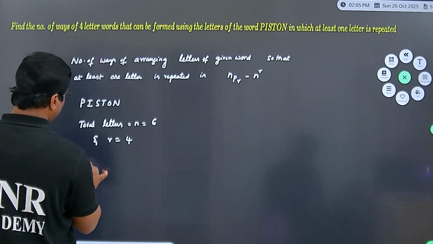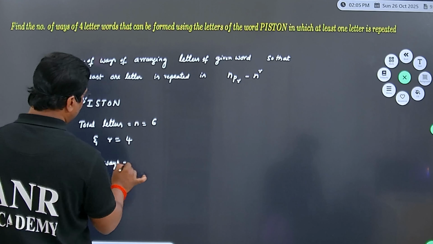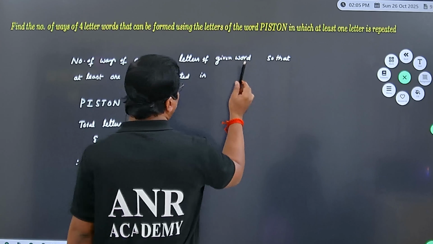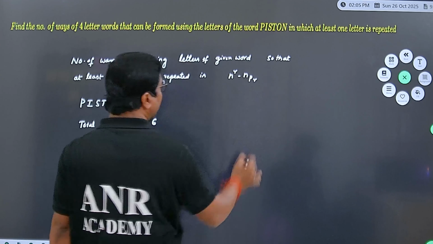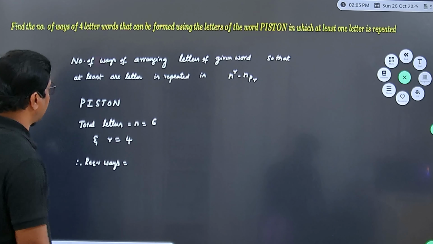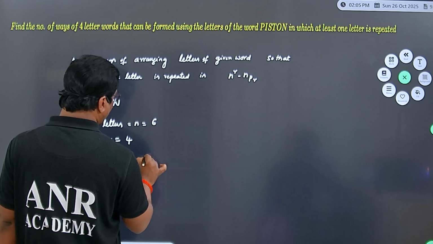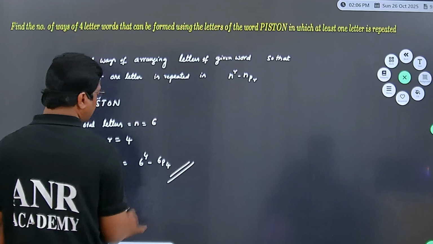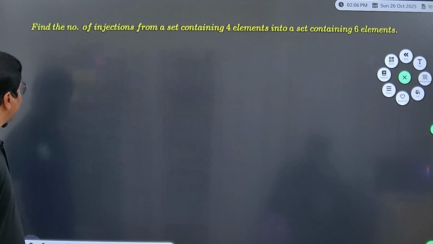Therefore, the required ways I can write using this formula. Sorry, here we need to write n power r first and then nPr, because n power r is greater compared to nPr. So 6 power 4 minus 6P4 gives the required ways. Let us move to the next one.